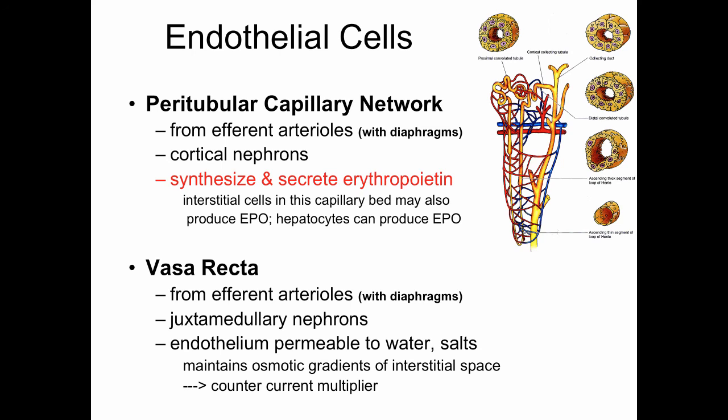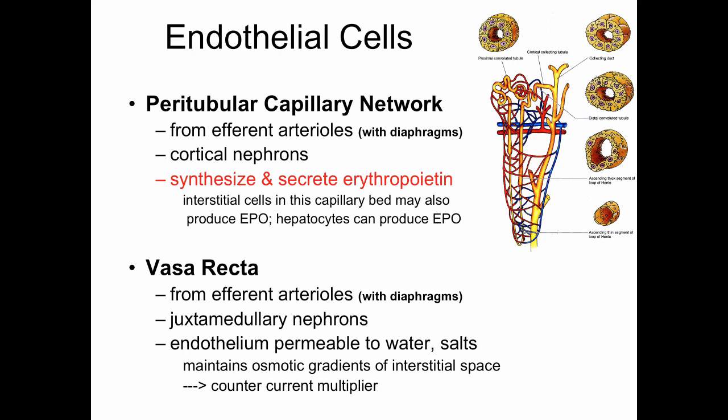The cells from the efferent arterioles, the endothelial cells, secrete erythropoietin. The vasa recta originate from the efferent arterioles of the juxtamedullary or so-called long-looped nephrons. The endothelial cells of the vasa recta are permeable to water and to salts.